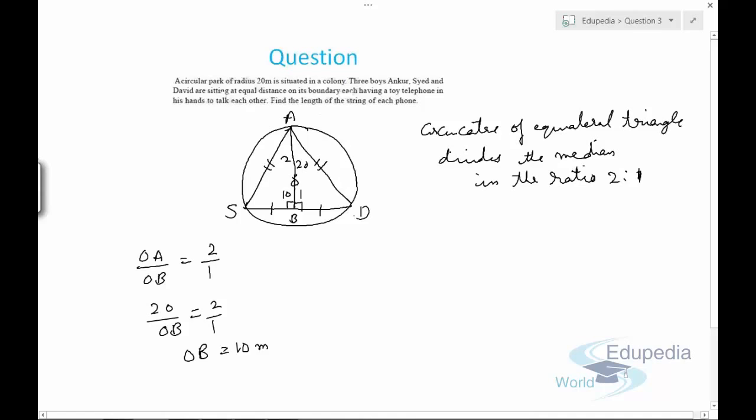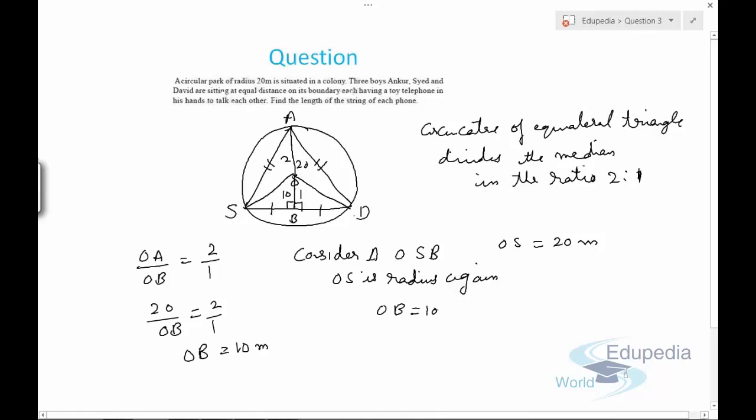Now let's see how we can find the length of the strings. Let's say we join these two points, and we consider triangle OSB. In triangle OSB, OS is a radius again, so OS is 20 meters and we have OB as 10 meters.